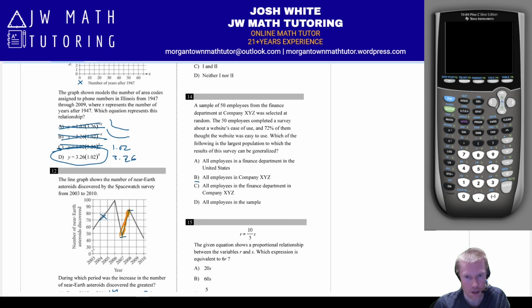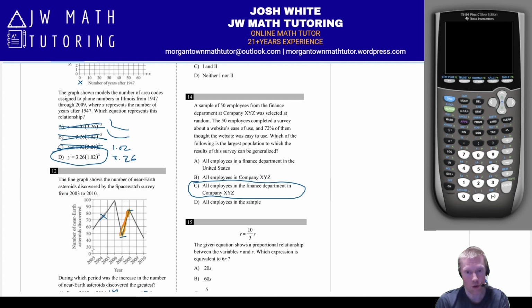So first, I'll tell you that the correct answer is C. And the reason you cannot go any further than the finance department is because say you started with a company and then you drilled down to one department in the company, and then inside that department you only took a sample of the employees there. You didn't even take all the employees in the finance department. You took a sample of them, meaning there are other employees that were not selected for the survey.